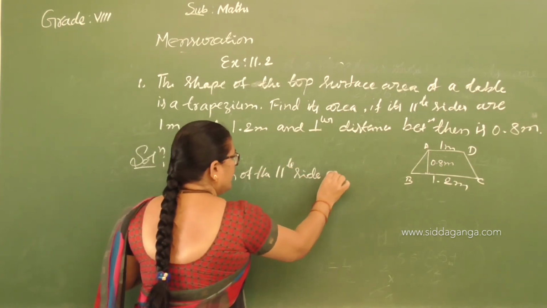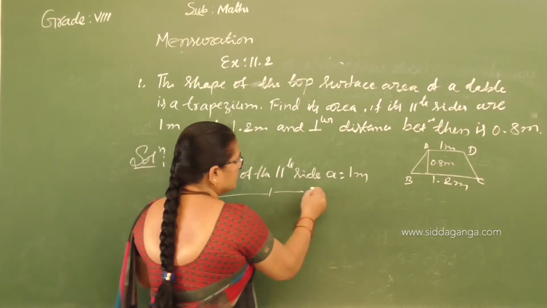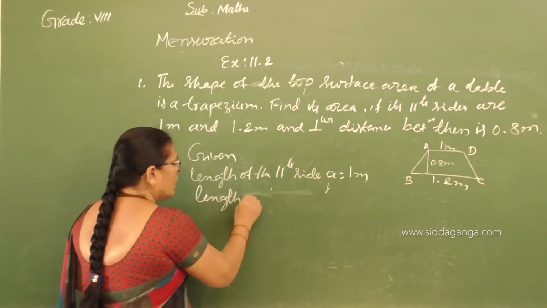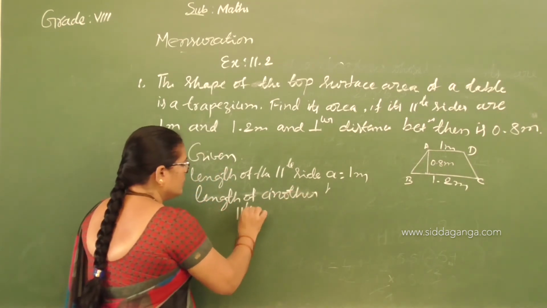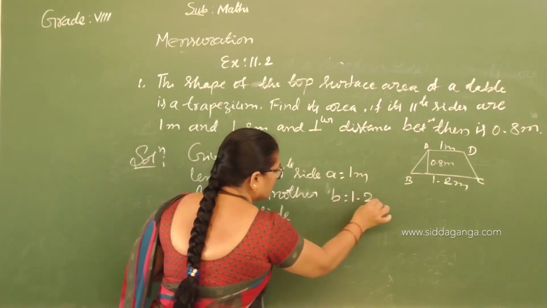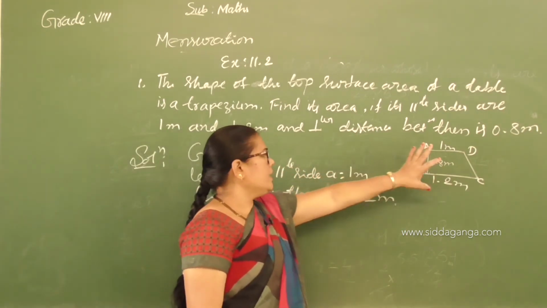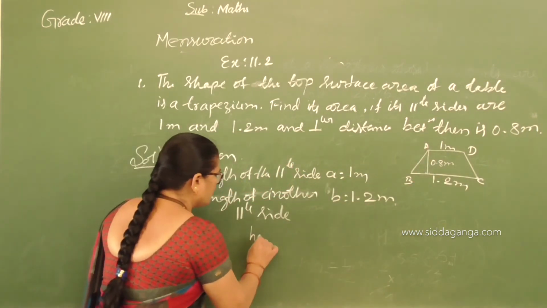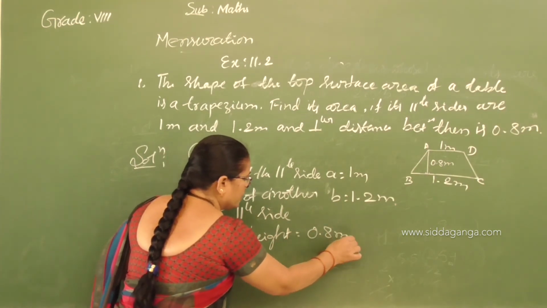side A is equal to 1 meter, then length of another parallel side B is equal to 1.2 meter, and height is given. Distance between the two parallel sides, height is equal to 0.8 meter.